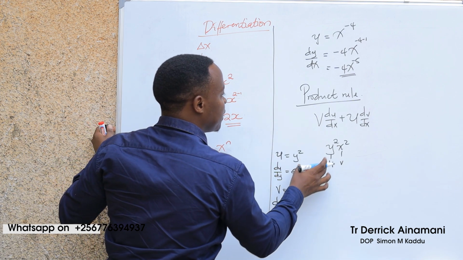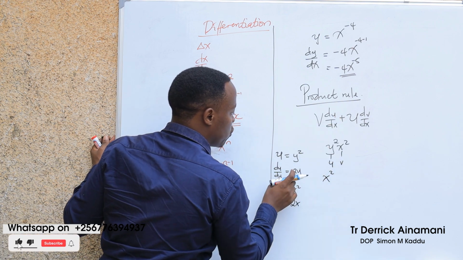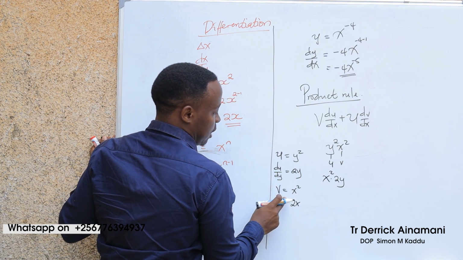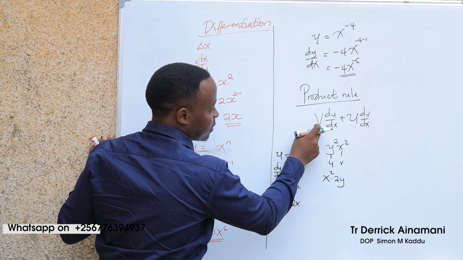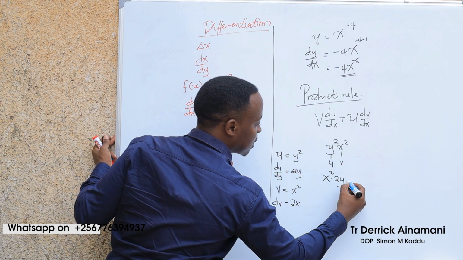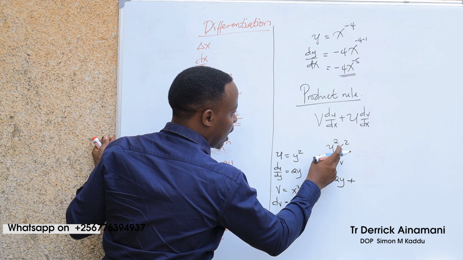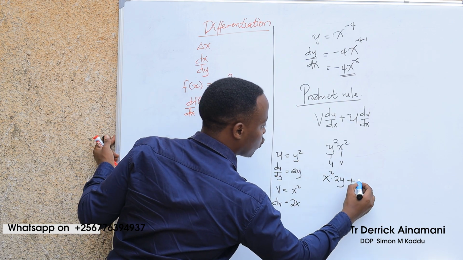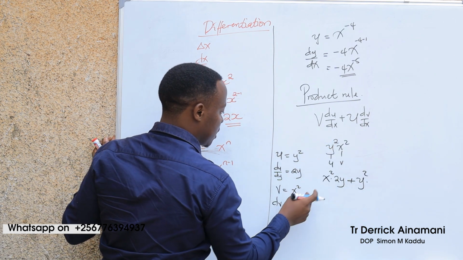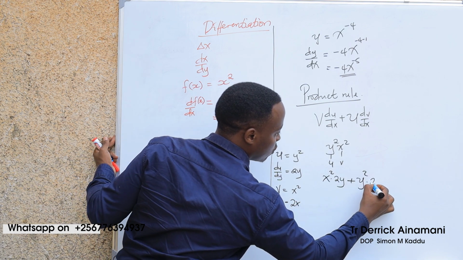Then you fit this here. v, which is x squared, times du, which is 2y, plus u, which is y squared, times dv/dx, which is 2x.